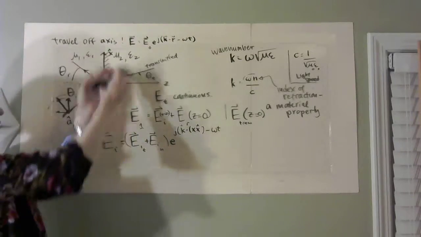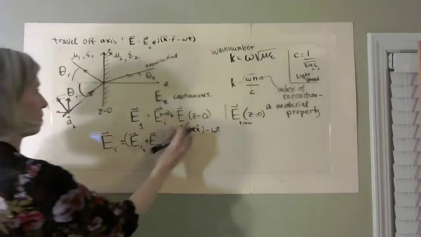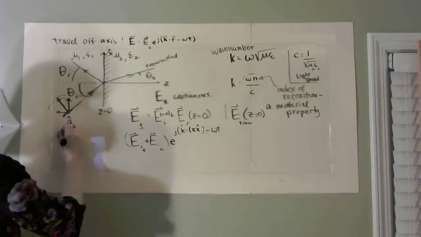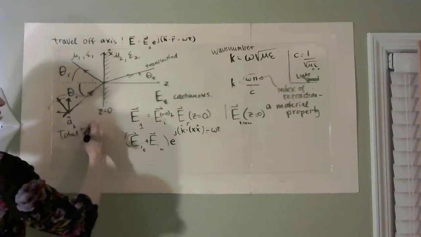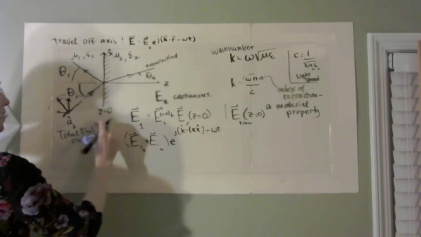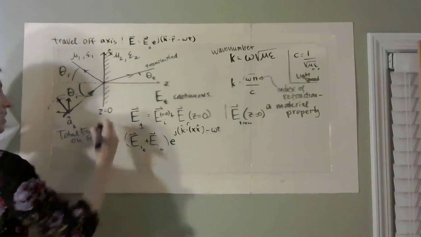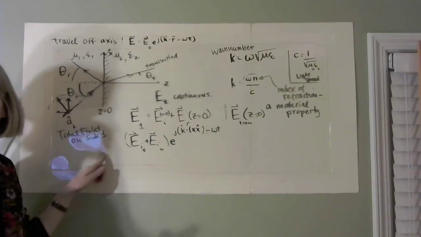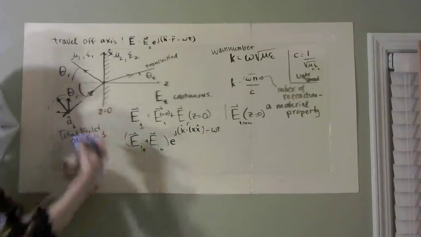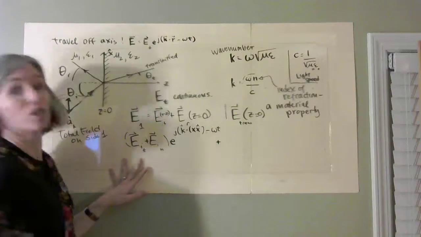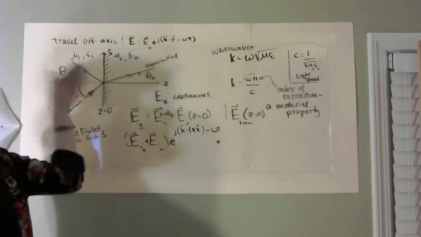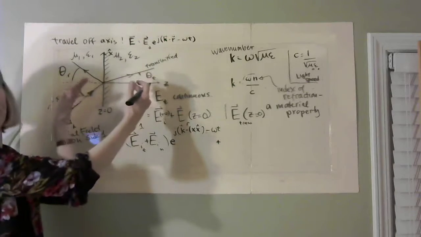Okay, I haven't quite figured out the total electric field on this side because I've also got to add the reflected field. So the total field on side 1 of this boundary: I'm going to add in the reflected component, and it's got its own tangential and normal components, but those are fixed at whatever this wave started doing.